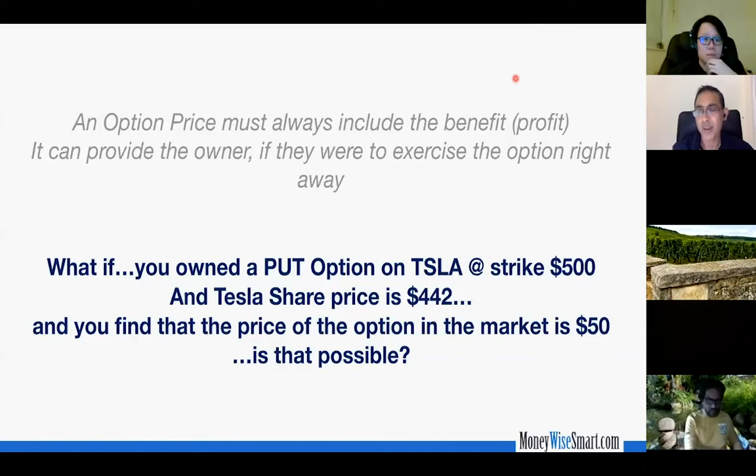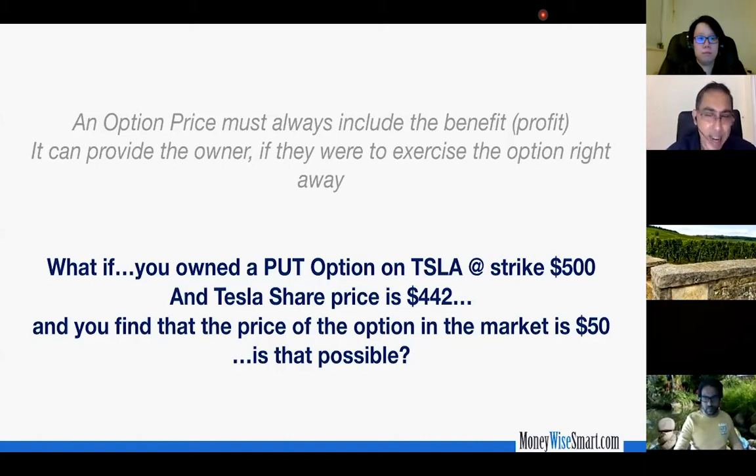Okay, no problem. I haven't got any response, so let me explain this. Now, imagine if the Tesla share price is 442. So let's assume you own Tesla, or maybe you do not, but you have the right to sell the Tesla stock for 500, which is $58 higher than what the current share price is.